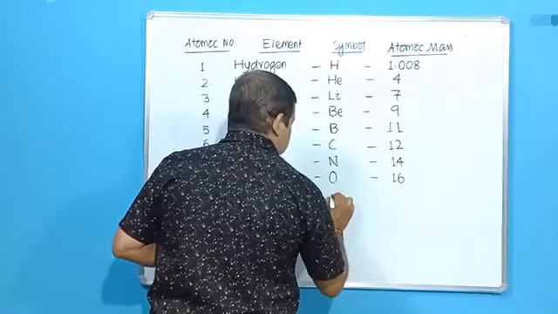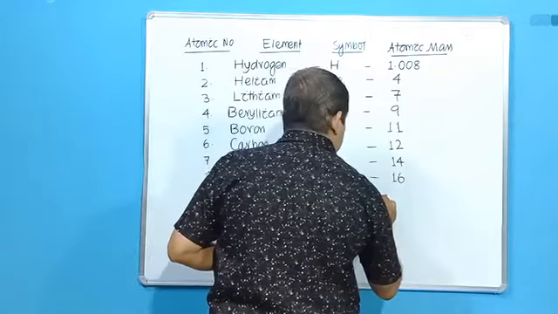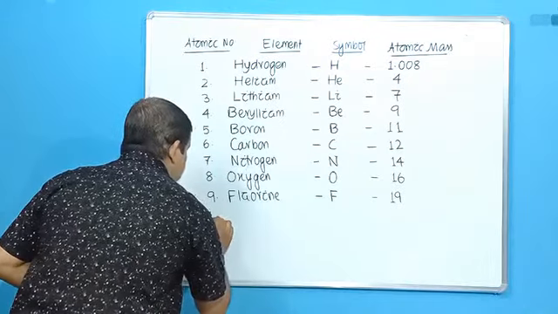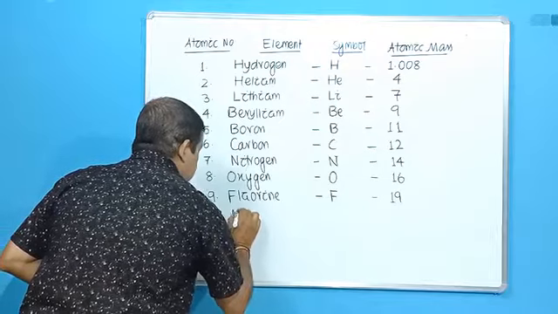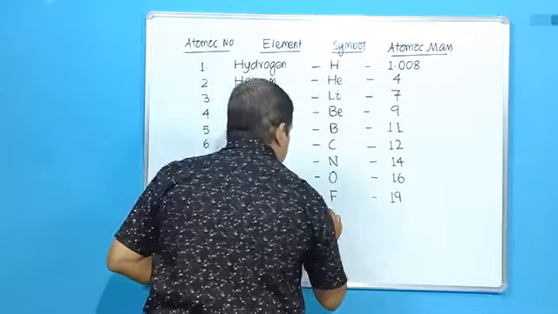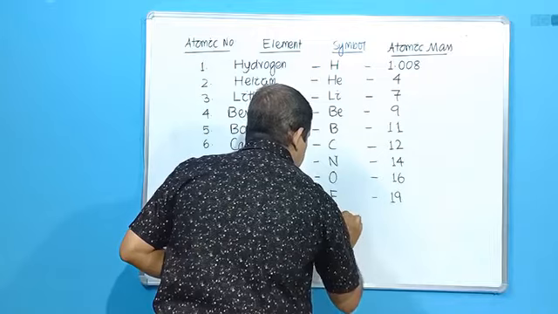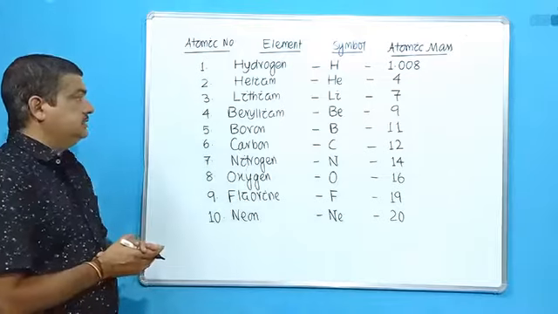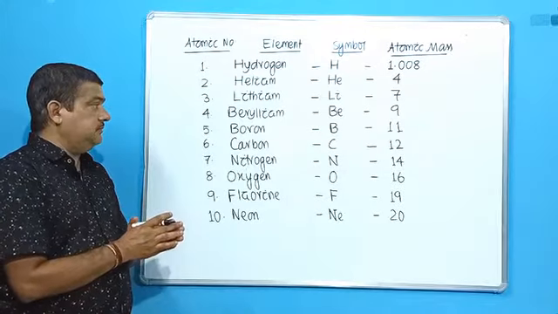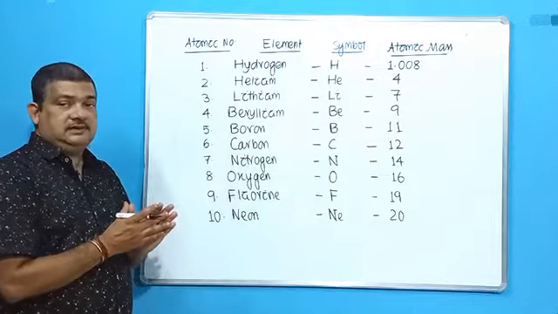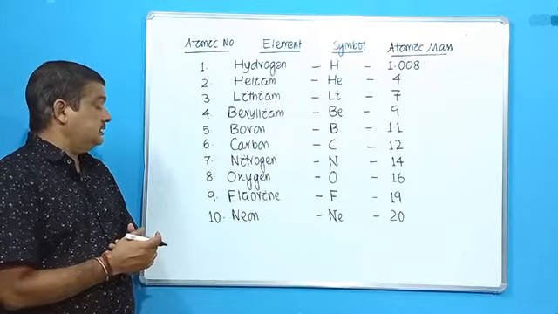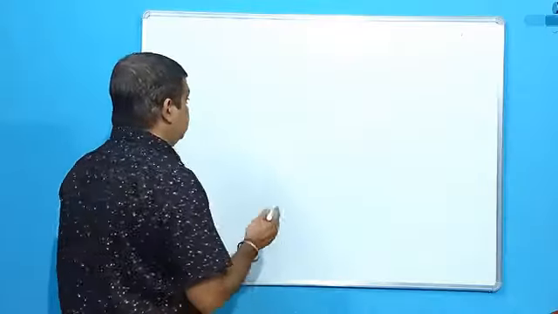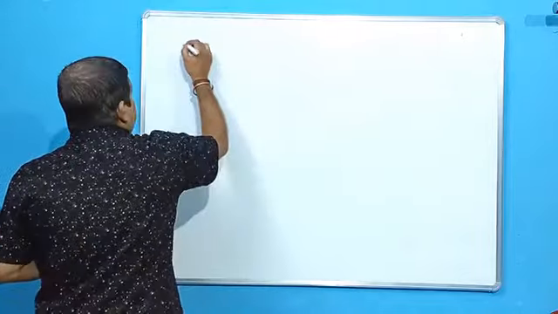Fluorine, F, atomic mass is 19. 10 is an inert gas called neon, Ne, atomic mass is 20. Okay. So this is how you have to remember these things, everything. Next we will go from atomic number 11 to 20.